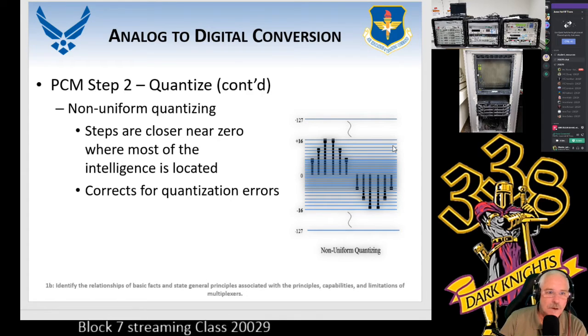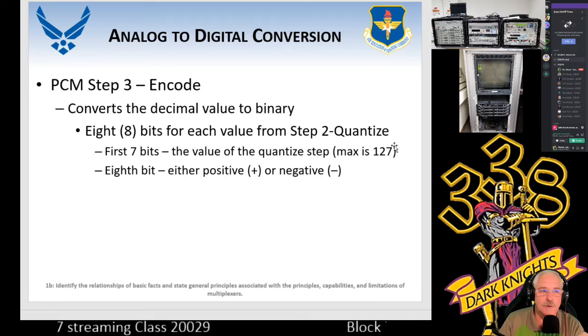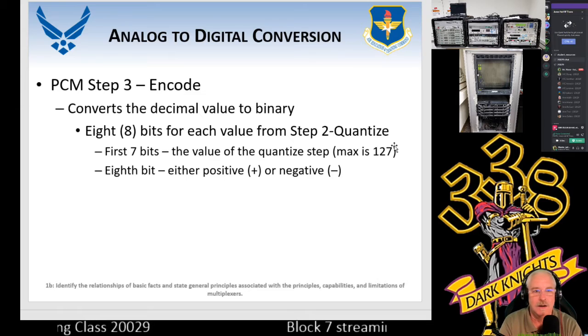Now, with that in mind, we've eliminated most of the quantization errors by non-uniform quantizing. We're going to go to the third step. Now, this is where that 8-bit word comes into play. With the 0 to the positive 127 and the 0 to the negative 127, it still equates to 127, 1 through 64.